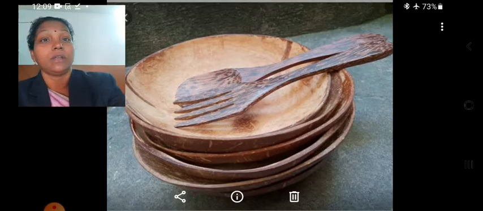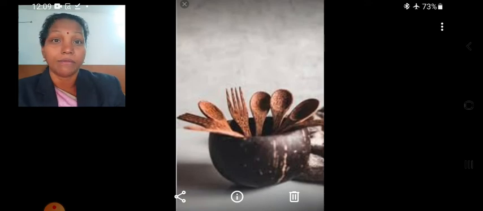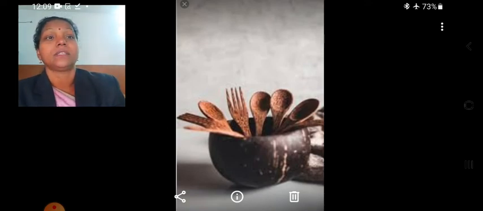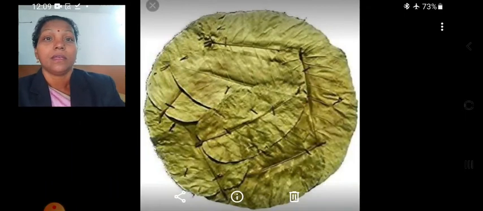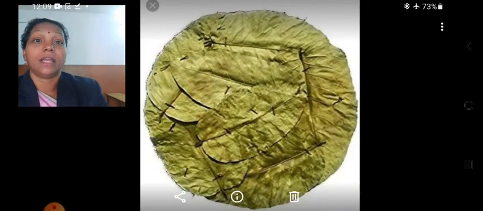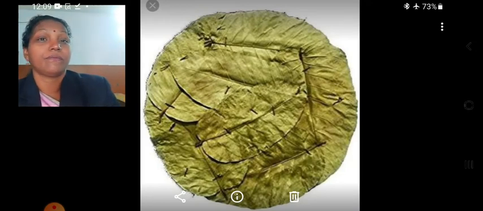This will not create any environmental problems because it is made from nature. Here are also spoons and forks and drinking bowls or serving bowls made up of coconut shells.